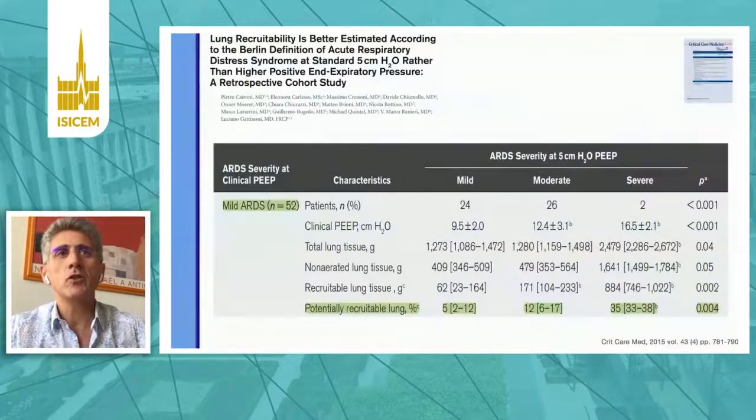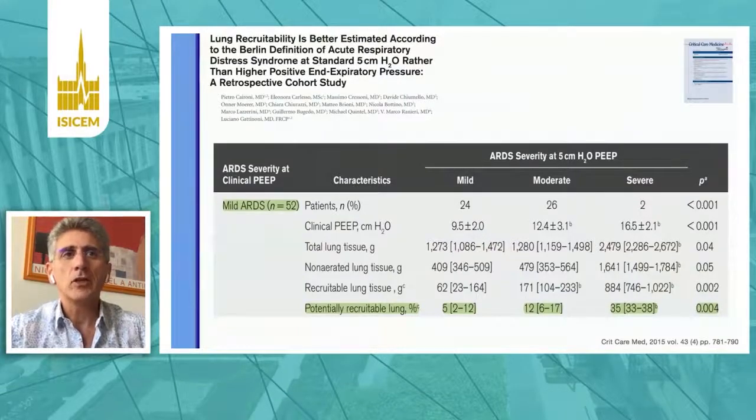And this is what has been shown in this very nice study from Pietro Chironi, where they correlated the potential for lung recruitment and the severity as assessed by the Berlin definition with a PEEP of 5.